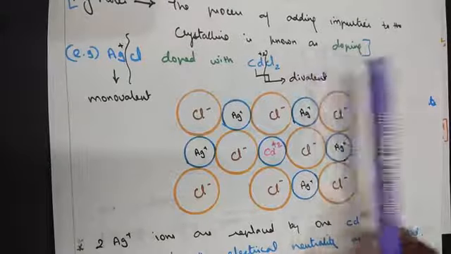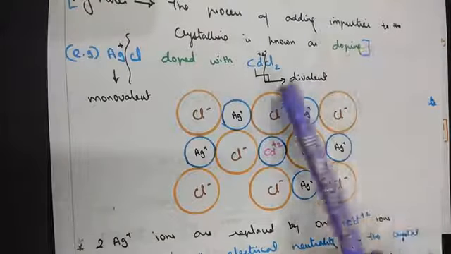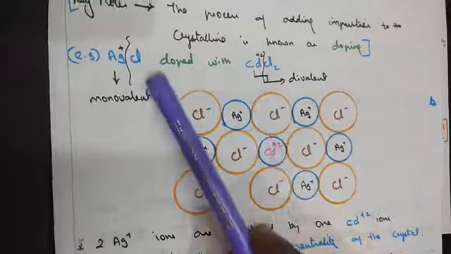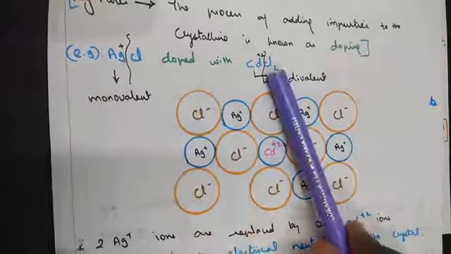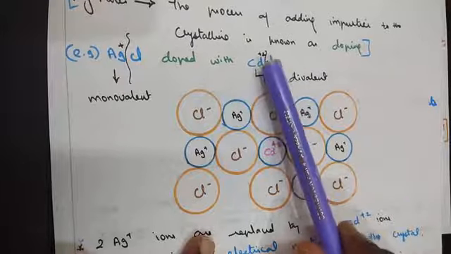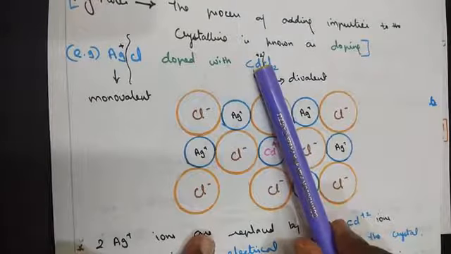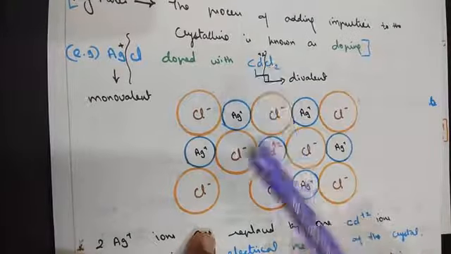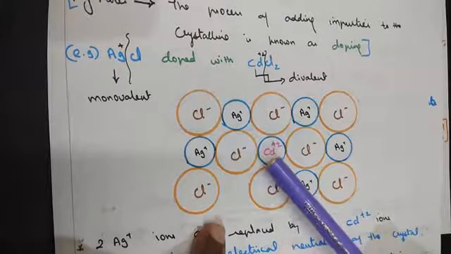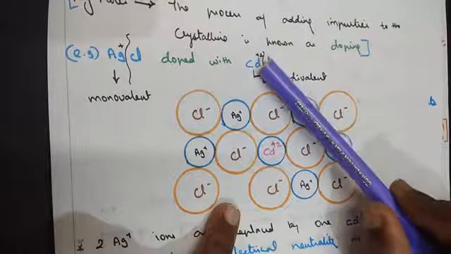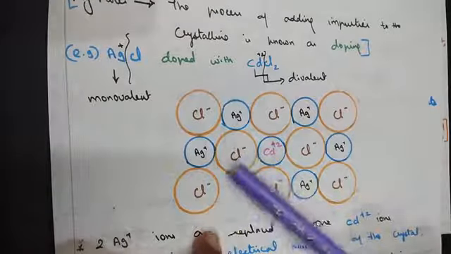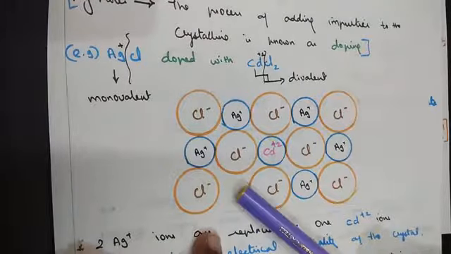So when we add cadmium chloride to the existing structure of silver chloride, since it's monovalent and divalent, the incoming cadmium ion, which is divalent in nature, will create two vacancies. Out of the two, one will be occupied by the incoming ion, one will be left empty. I hope I'm making my points clear.